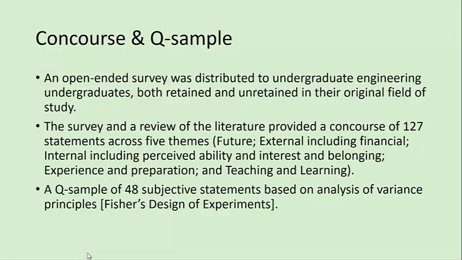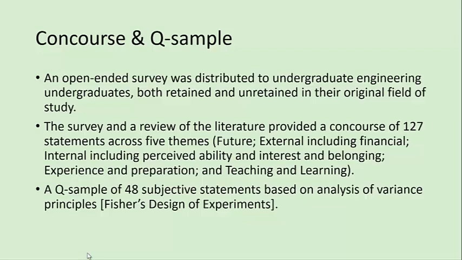So looking towards the future, external influences like family or financial, internal things like their perceived ability and interest and belonging, which I'll put in quotes because they didn't know what that meant. Their experience and preparation, so what their high school experience was like, and then just teaching and learning, their experiences in the classroom and laboratories.